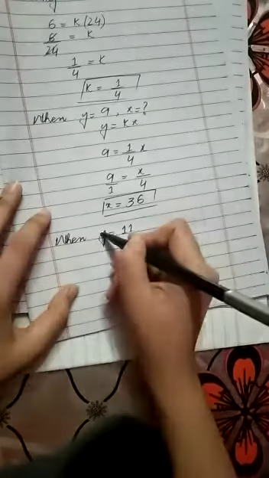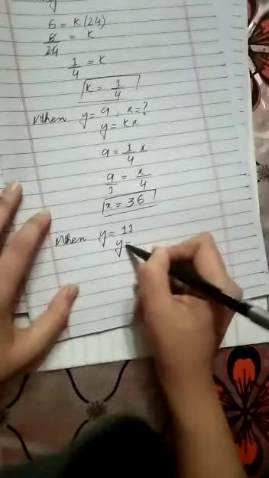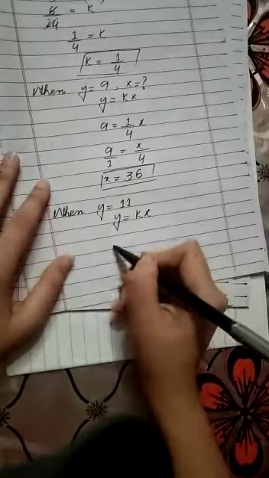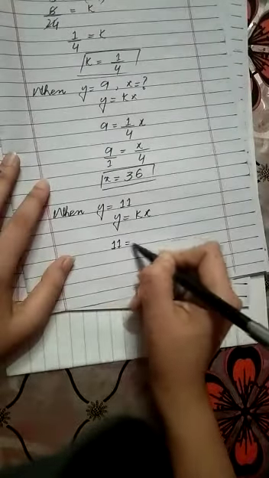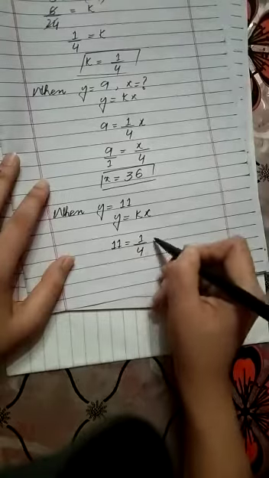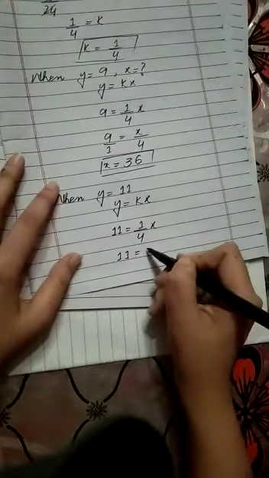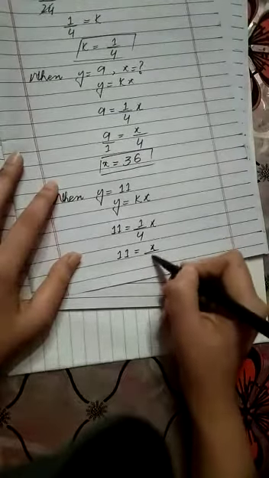Y is equal to 11, in the same general equation y is equal to kx, that will be 11 is equal to k, which is 1 by 4, into x. 11 is equal to x by 4.